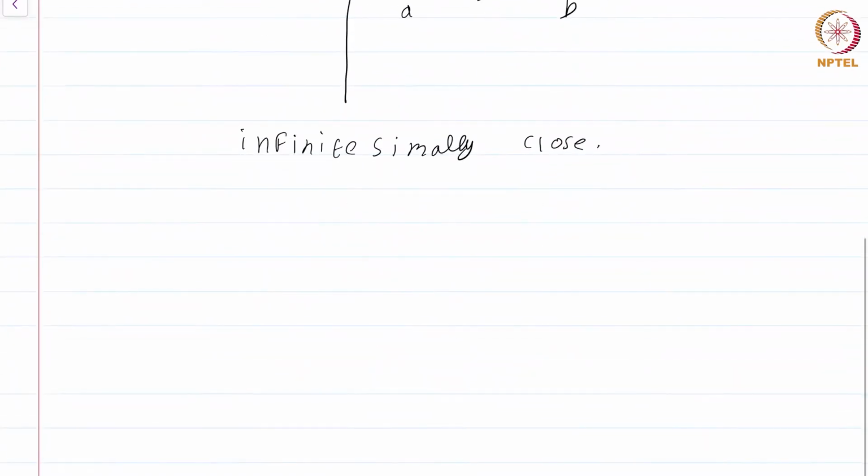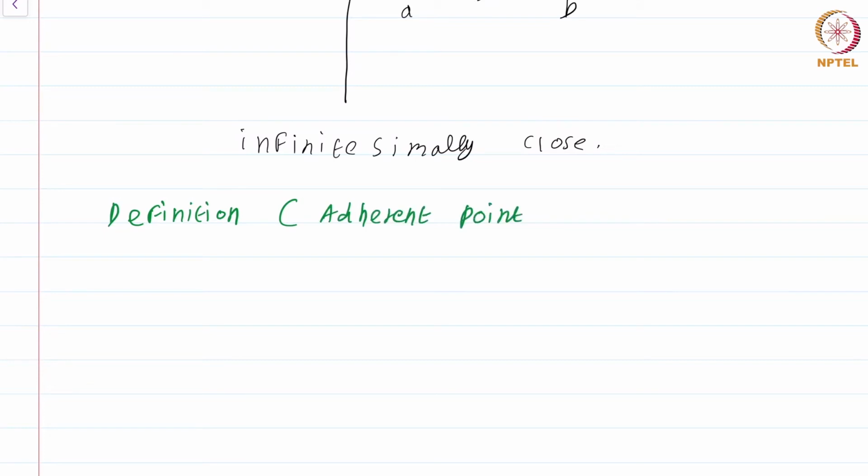So let's make the first definition in this chapter on topology. Definition. This is the definition of adherent point and limit point. The word adherent means sticks to the set.